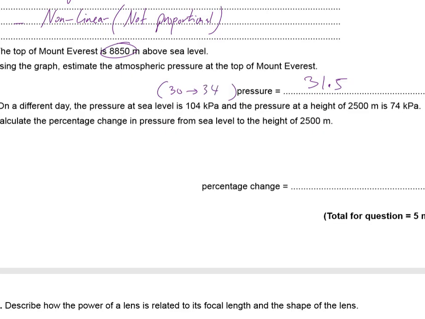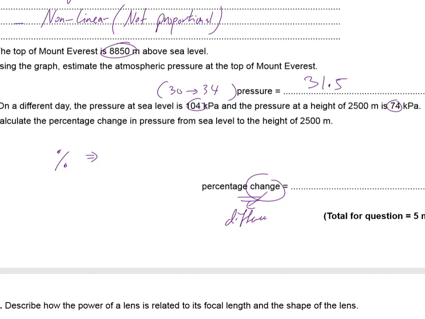Okay, now we need to work out the percentage change. So percentage change, it's just a change. So therefore change means difference. So let's work out the difference. So we know that this is the pressure, and this is the pressure difference. The pressure at sea level, this one.